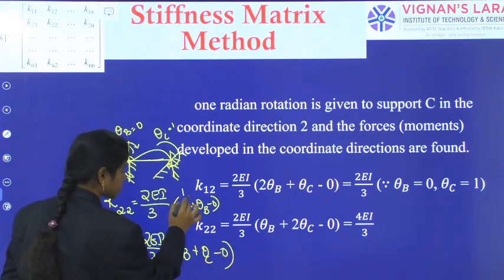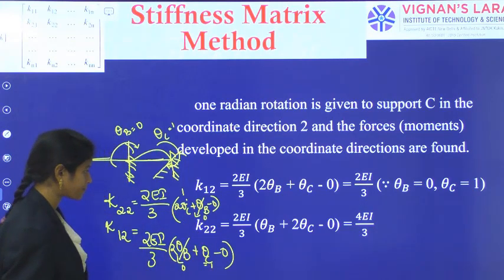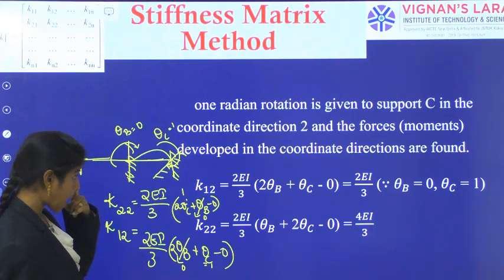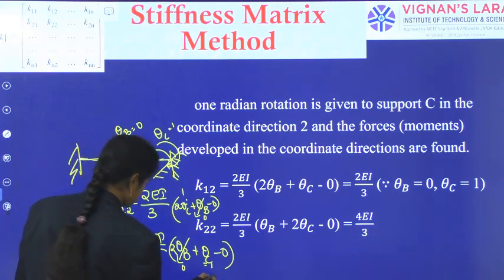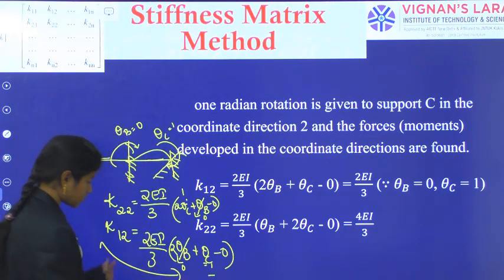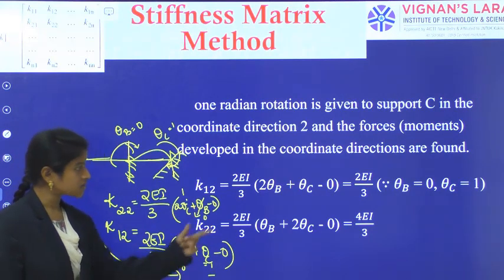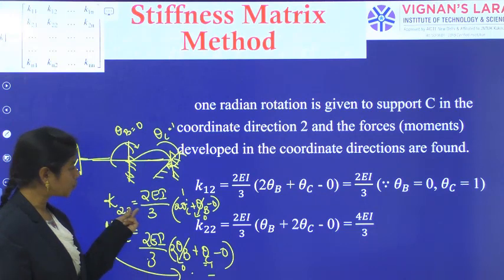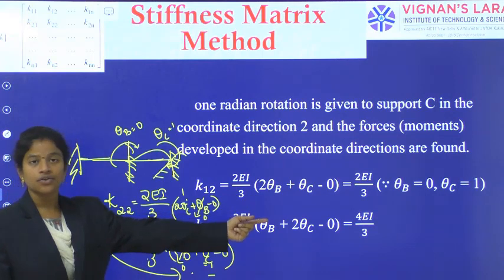Theta C is 1, theta B is 0, so 4EI by 3. K12 is 2EI by 3 into 2 times theta B plus theta C, which is 1, so that is 2EI by 3 only. That is K12. And then K22, 2 times theta C which is 1, that is why 4EI by 3. So K22 is 4EI by 3.